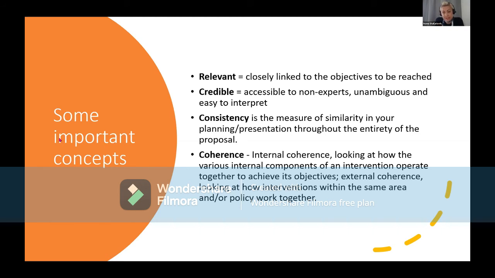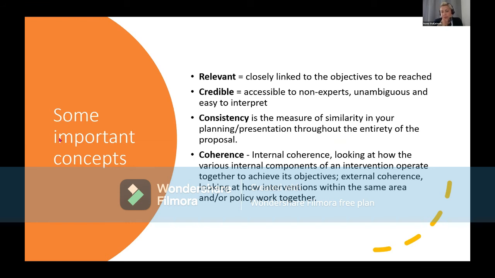You need to be consistent. You need to provide similarity in your planning and presentation throughout the entire proposal. You need to be consistent and coherent. You need to ensure internal and external coherence.